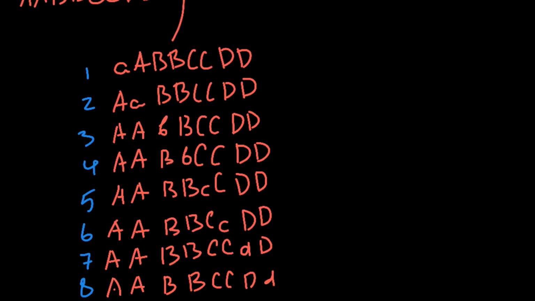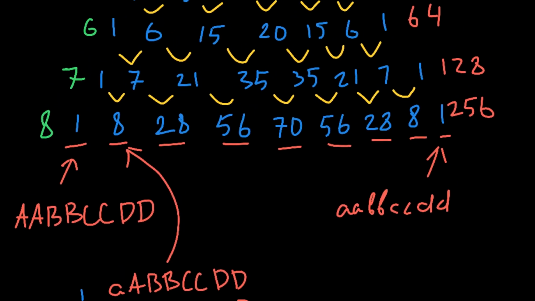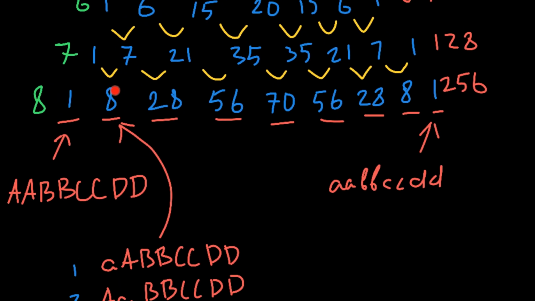And as you see, we have 8 such variants. 1 variant when all alleles would be dominant, 8 variants when 7 alleles would be dominant and 1 recessive. And also you can predict that the other 8 stands for 7 recessive alleles and 1 dominant allele.